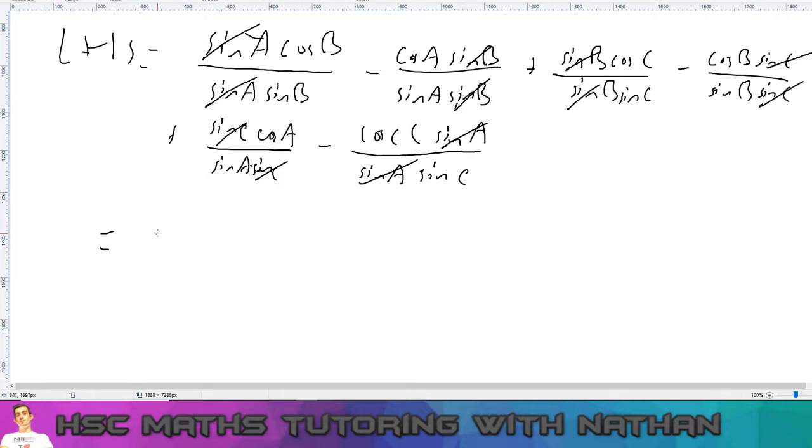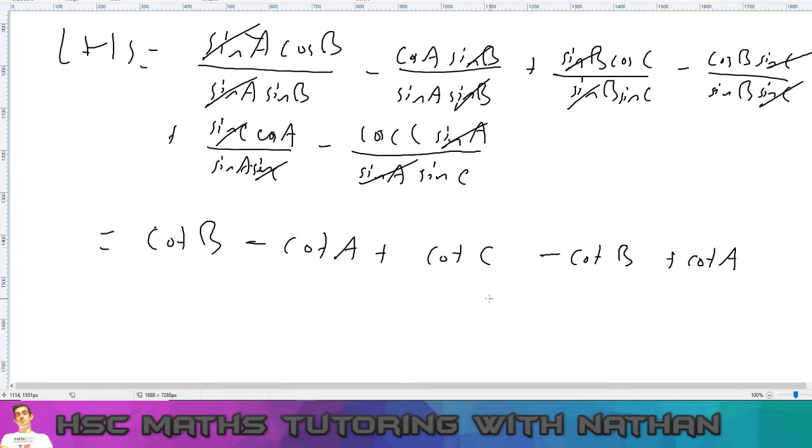So that first one, cos B over sine B, is cot B minus cot A, plus the next one, cot C minus cot B, plus cot A, and then minus cot C. And what you'll notice is they're gone, and they're gone, which is 0, which is the right hand side.